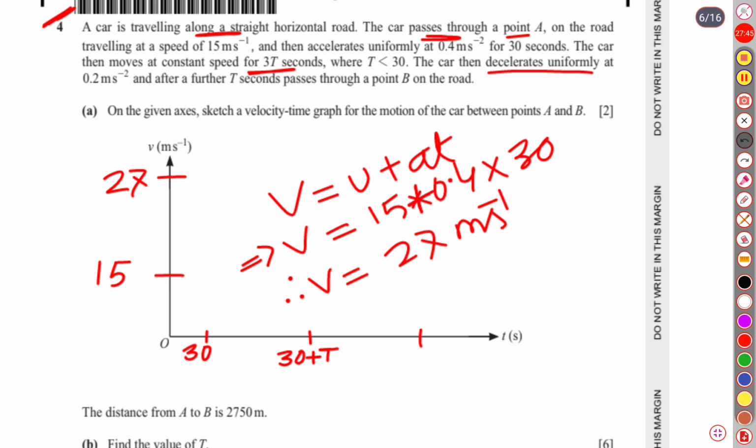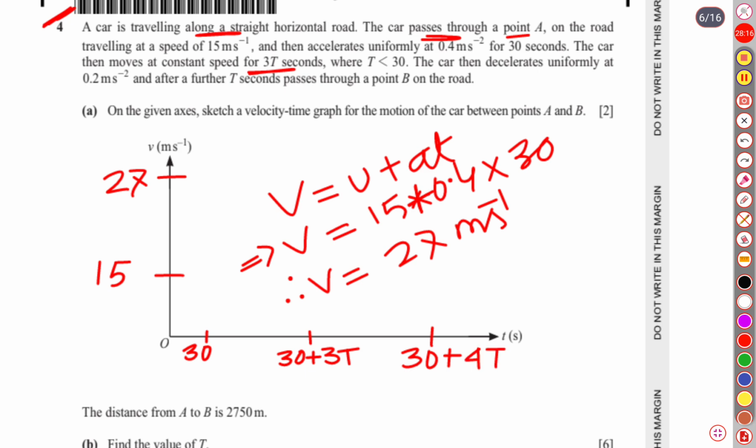It is not t actually, it should be 3t. Then again after t seconds it was decelerating and passing through point B. So 3t plus again t, so it is going to be 4t. It is 30 plus 4t.